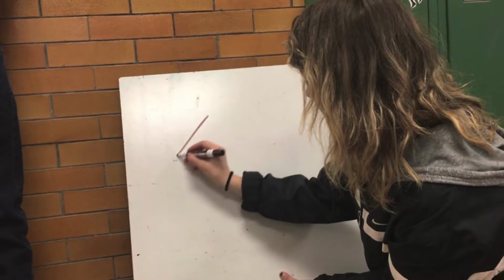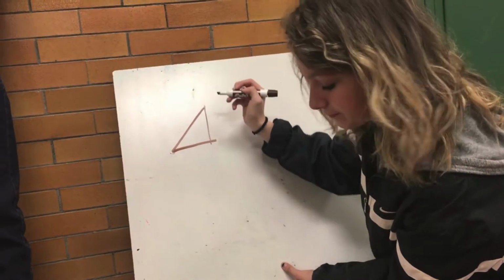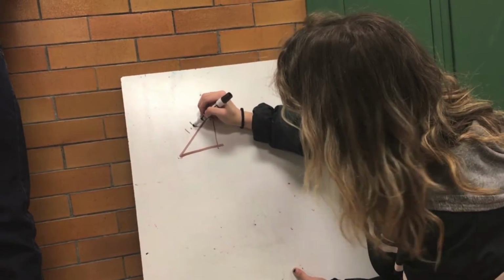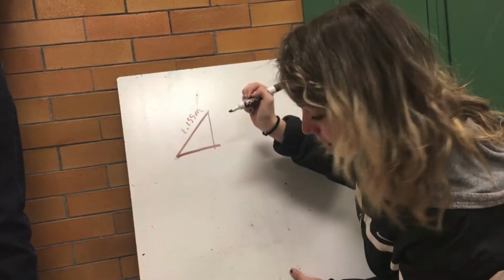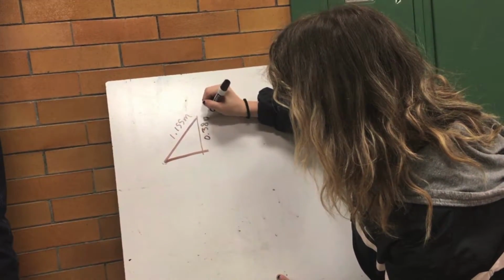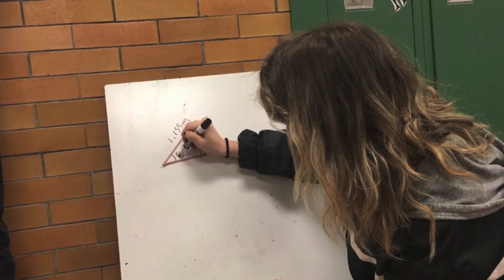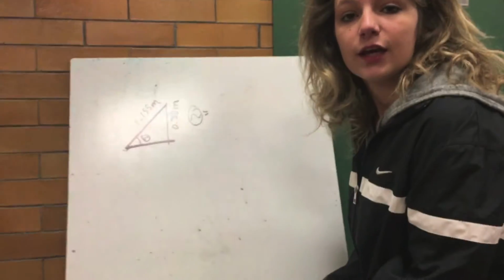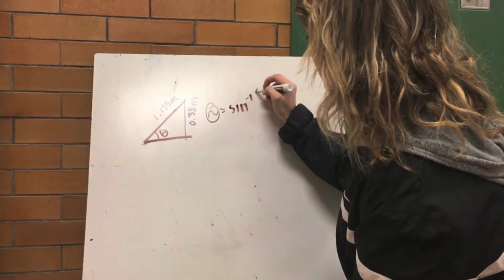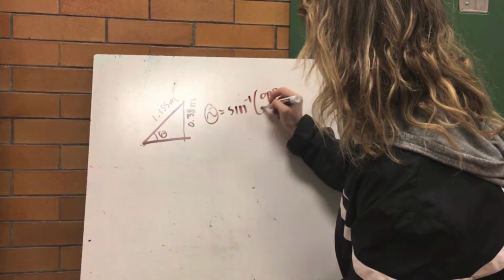How we do that, so you make a triangle. We know that this side is 1.155, and we know that this side is 0.38. We're solving for that angle. So in order to find our angle, we have to do sine inverse of opposite over hypotenuse.